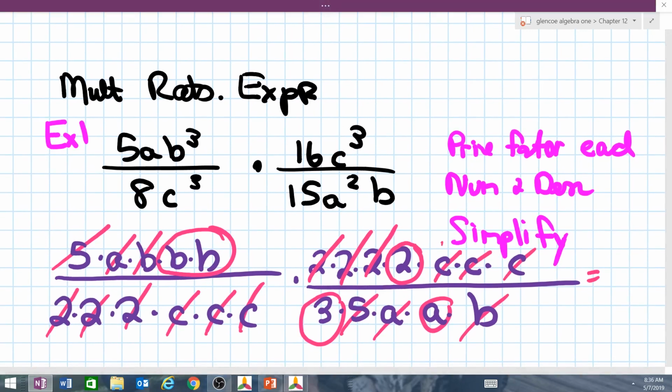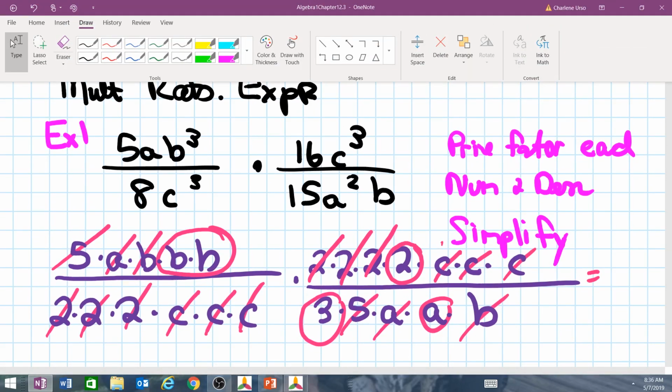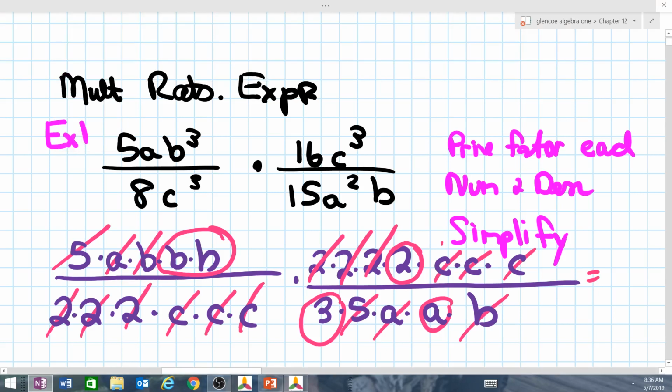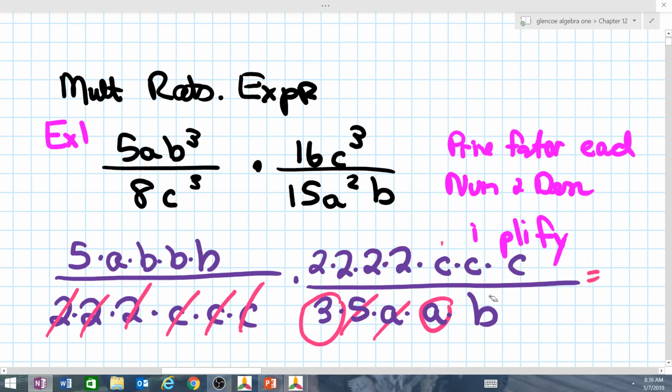I'm giving you an extremely visual approach to the problem, because what I find in Algebra 1 students, more so than in Algebra 2 students, is that if you don't prime factor, they make a lot of silly mistakes with the exponents. So I don't want there to be any question.